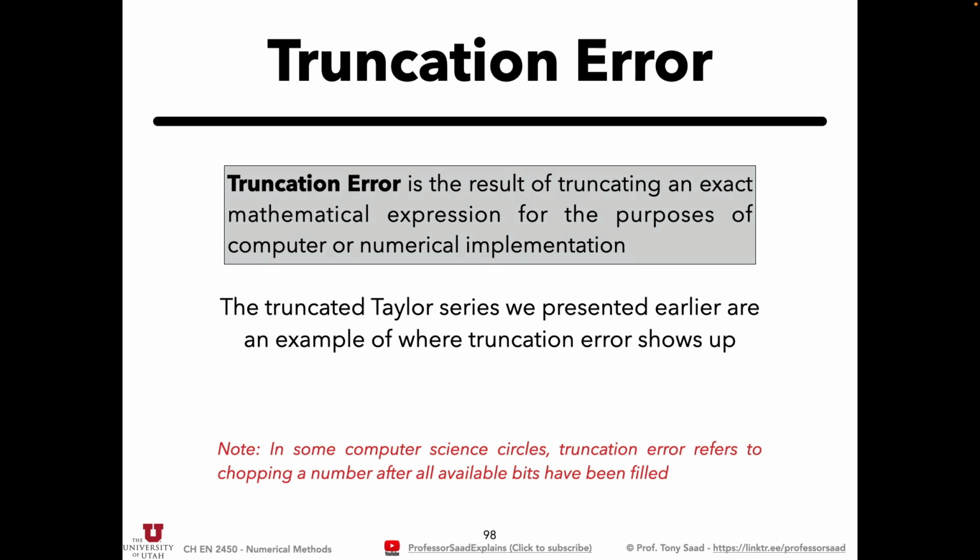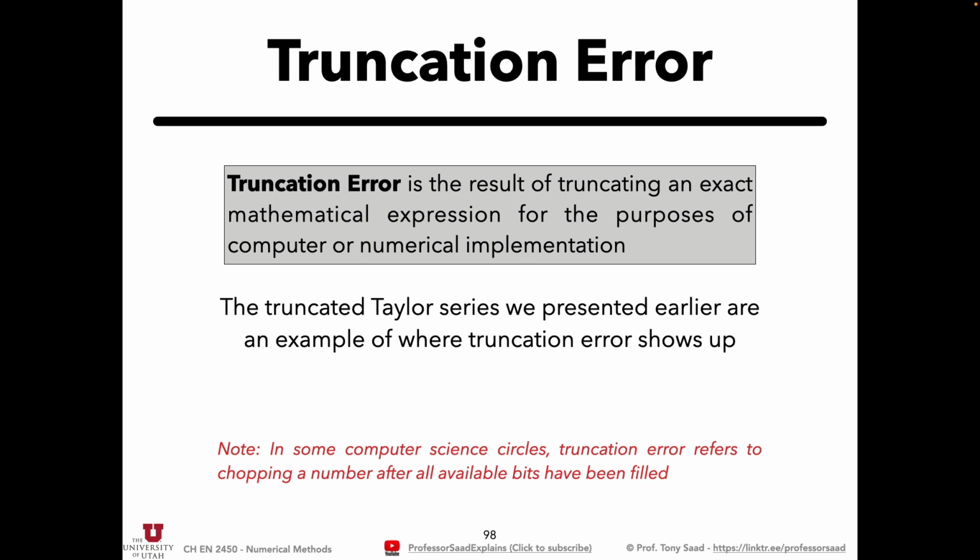Truncation error, as we define it in engineering and mathematics, has to do with truncating an exact mathematical series, an exact mathematical formula, into a subset of that formula. The greatest example of that is the Taylor series. It has an infinite number of terms. We choose to only use a few of those terms. The remainder is going to be the truncation error.